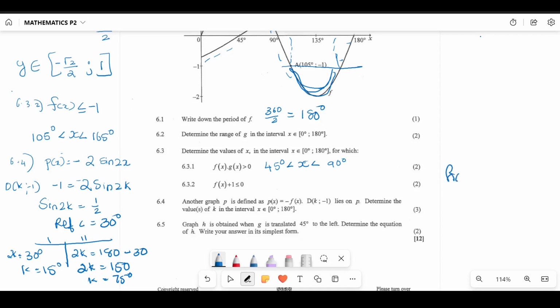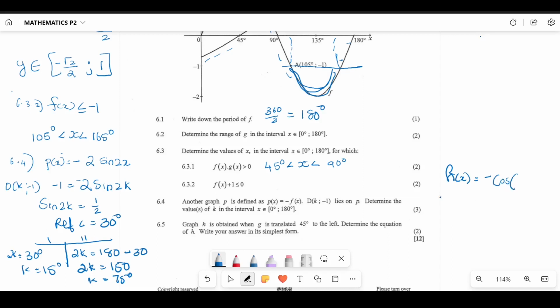So h(x) is 45 degrees to the left. G is already negative cos, so G is negative cos(x plus 45).